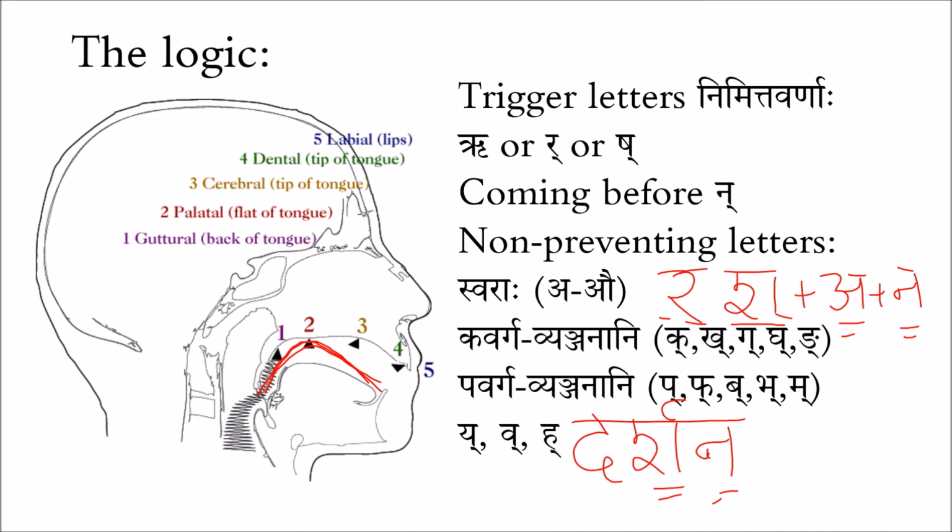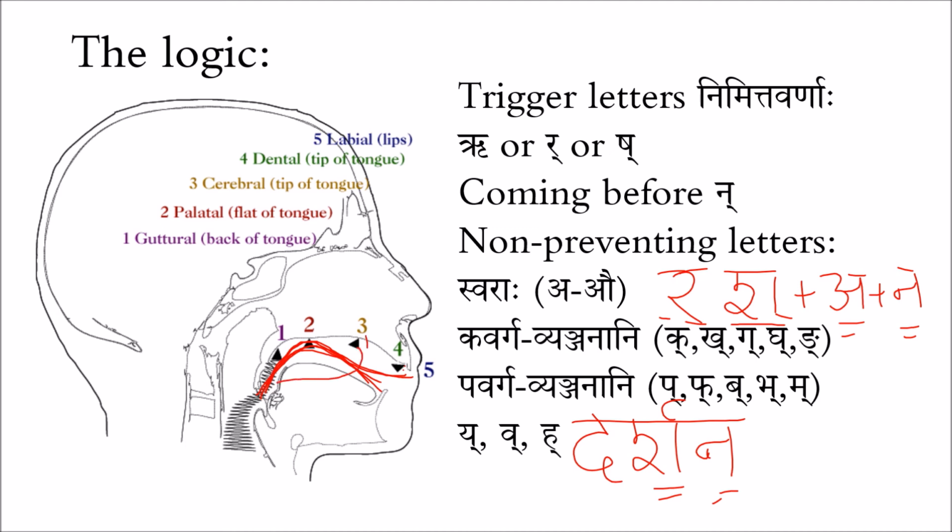Now note that we don't have to force the tip of the tongue to ṇa here. It is easy for the jihva, or the tongue, to touch this na position. Whereas changing it back to ṇa, which is murdhanya, will be more difficult.